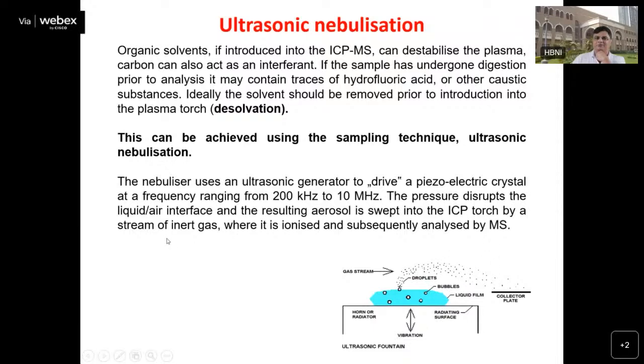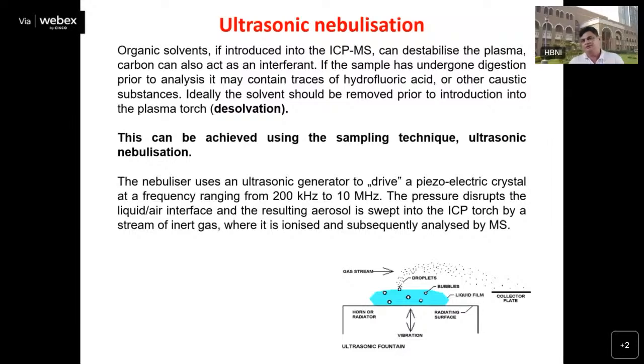The pressure disrupts the liquid-air interface, and the resulting aerosols are swept into the ICP torch by a stream of inert gas. That inert gas, again, can be argon, where it is ionized and subsequently fed to the mass analyzer. So that's how we can use ultrasonic nebulization.